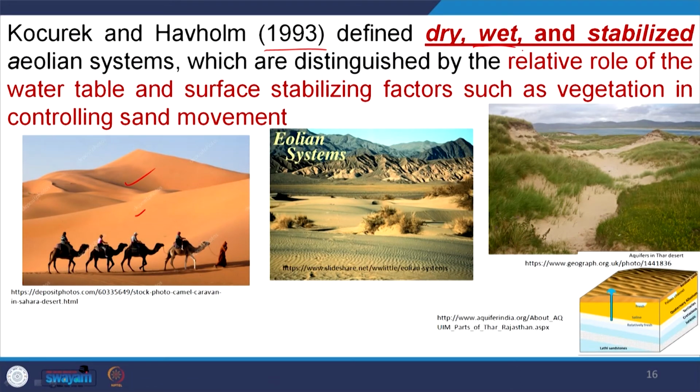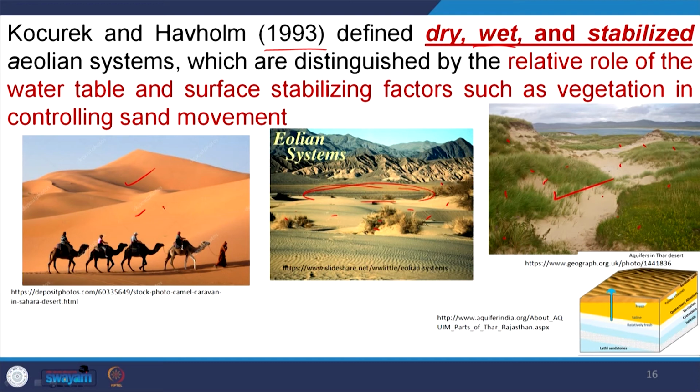Then wet: if you see these playas, near these playas we have wet conditions. So, that means relatively stabilized movement is there, and this is totally stabilized, that means the whole system is stabilized here. So, this sand surface is covered by vegetation.